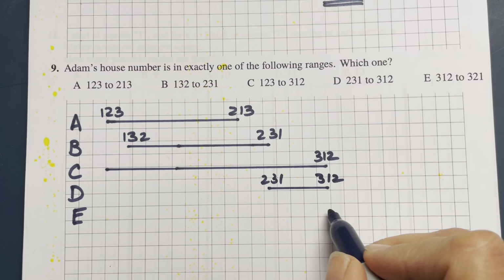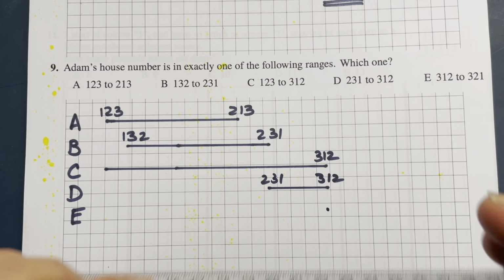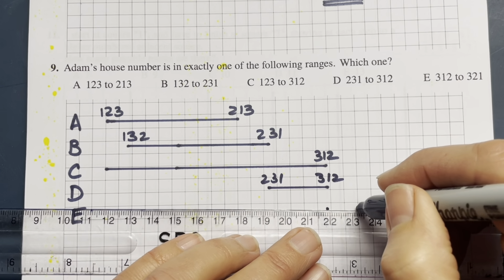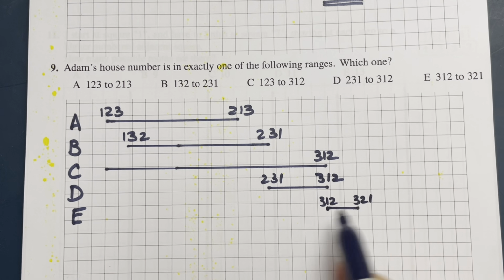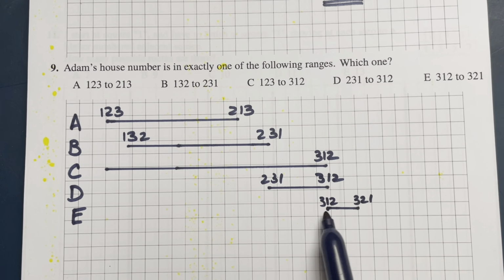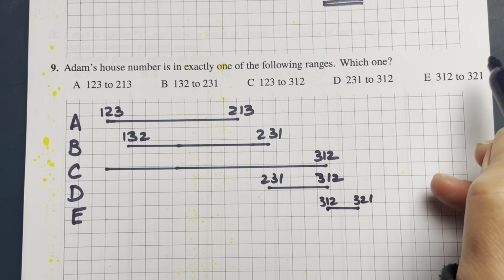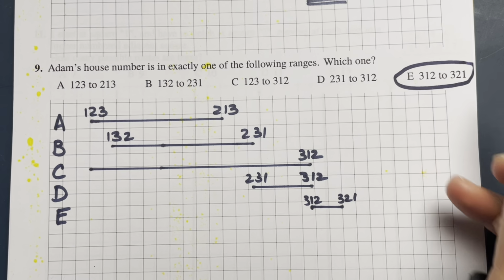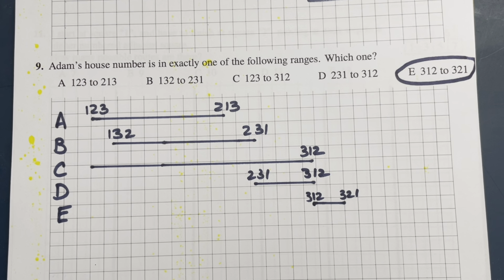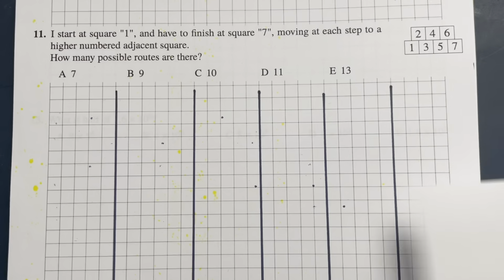Finally, when we look at E, it doesn't start until we get to 3, 1, 2, and it goes to 3, 2, 1. So E is the only one that is on its own. Okay, so the answer to question 9 is E. And as I say, I'm sure you didn't need to draw it out like that to get the correct answer there. Question 10.